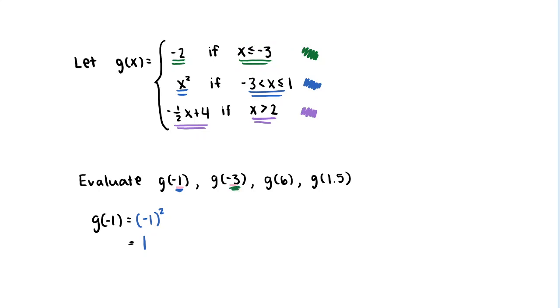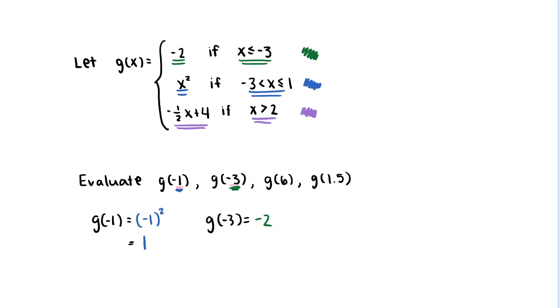And so we get that g of negative 3... well, the rule doesn't really say to do much, it just says that our output is negative 2 in this case. It doesn't tell us what to do with x, it doesn't care about what x is, the output is negative 2.